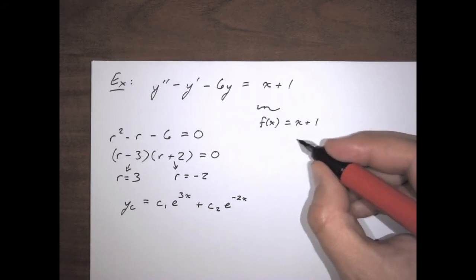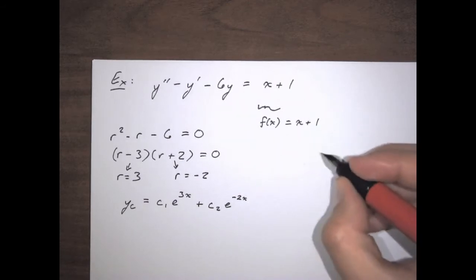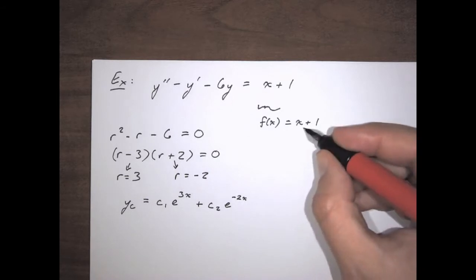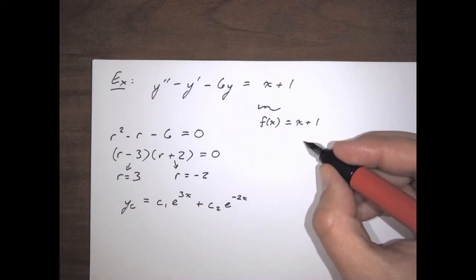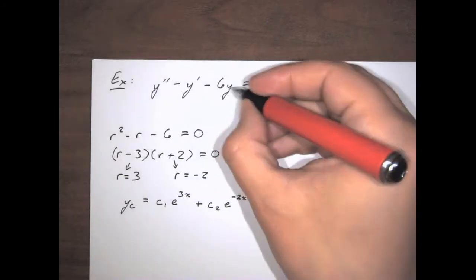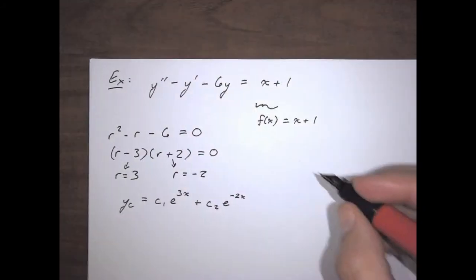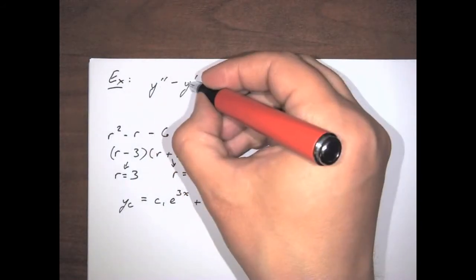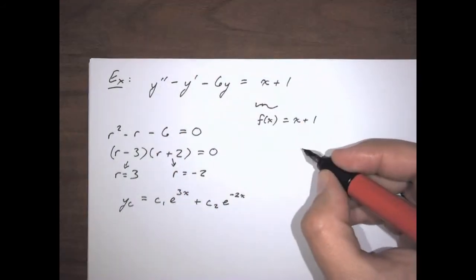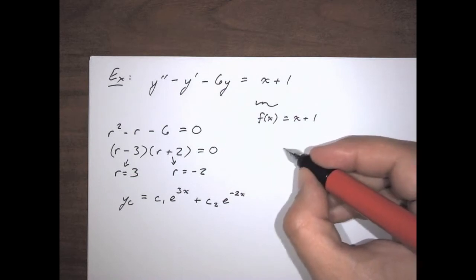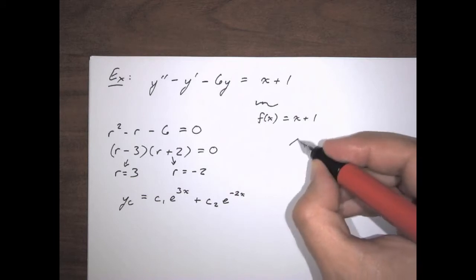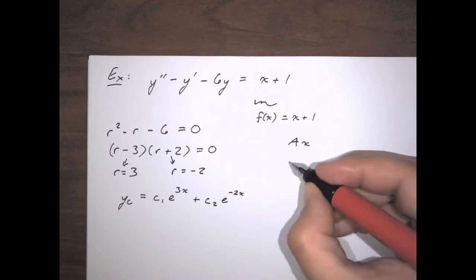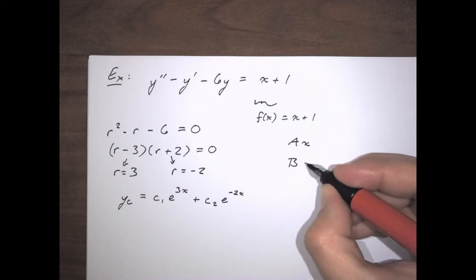Okay. Now here we look at the derivatives of f and the various things that can come from it. F being a polynomial, basically what we're just going to look for is terms of degree this and less, because of the fact that we're going to have second derivative, first derivative, and zeroth derivative of y all in play. So we're going to have things along the lines of ax and b.